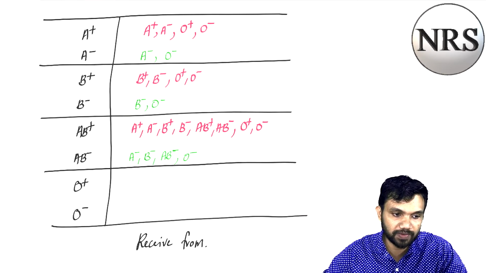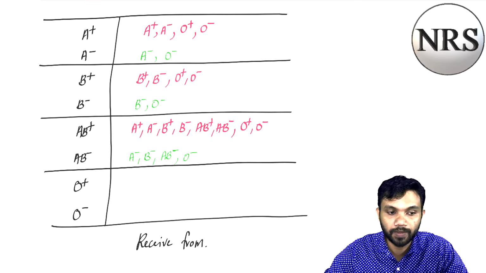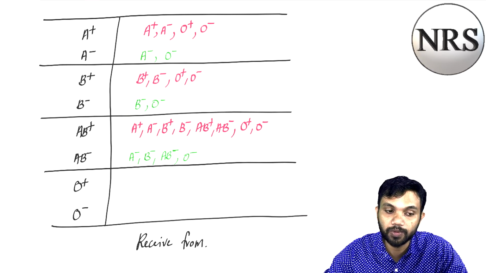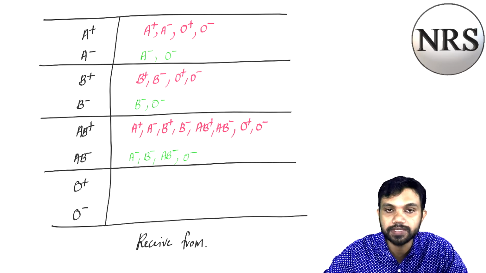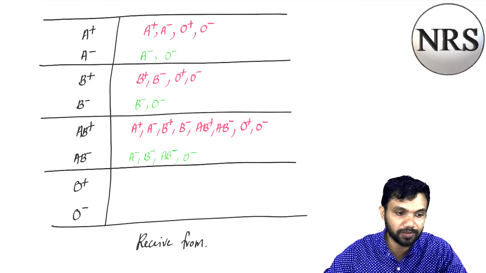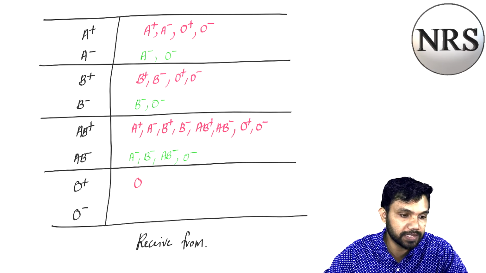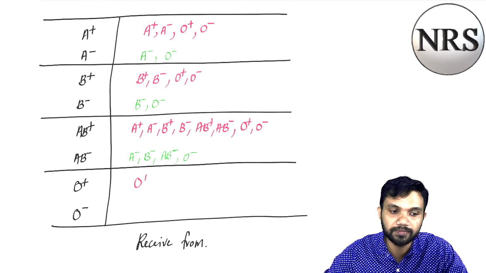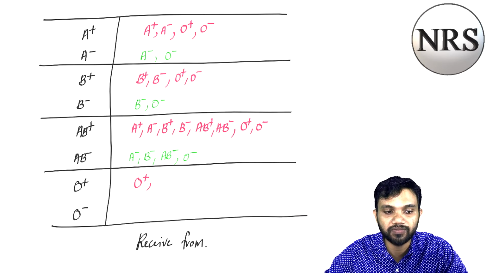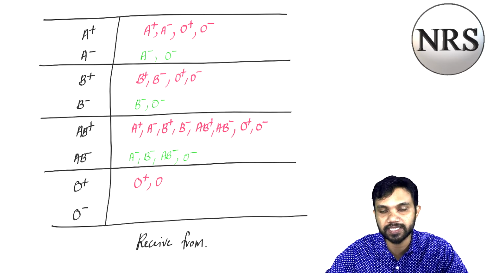So let's come to O positive. From whom can they receive? Can they receive from any of these people? No, definitely not. They can receive from them, and also they can receive from O negative.